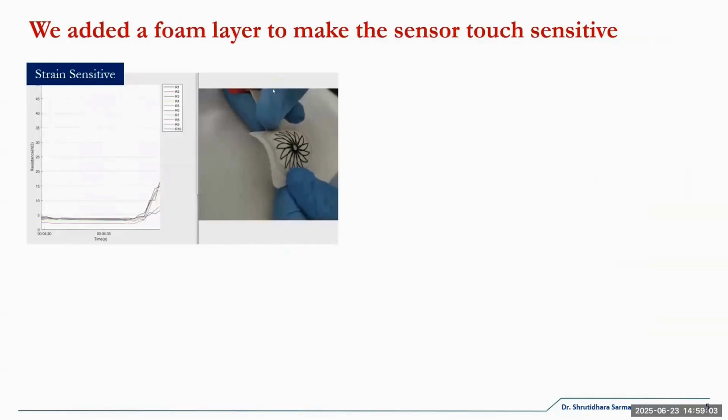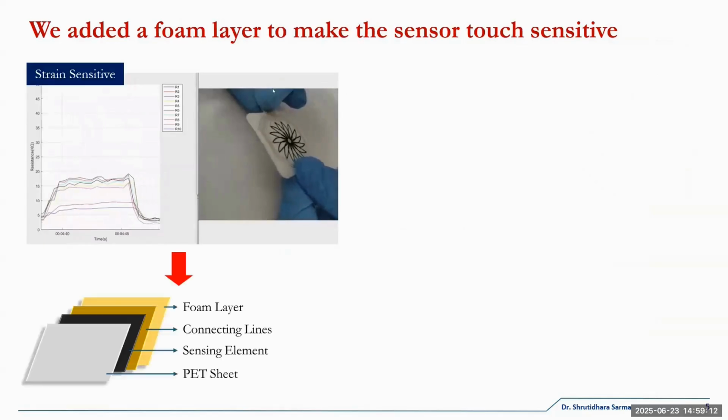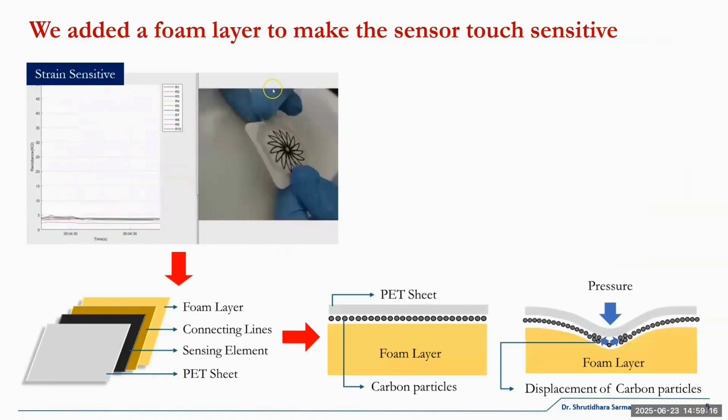Initially, the patch that we made is strain sensitive, and you can see here that if you bend it, it reflects in a change of resistance. So how do we make it touch sensitive? It was very simple. We just added a foam layer. Because the foam layer is porous in nature, it allows us to localize deformation.